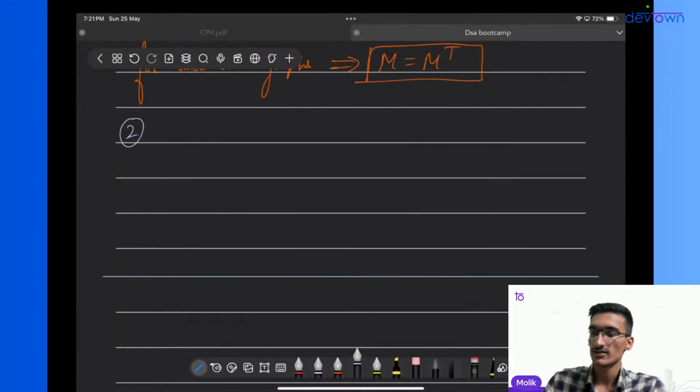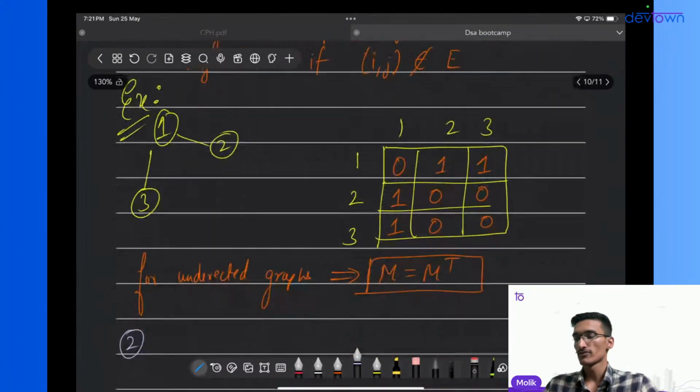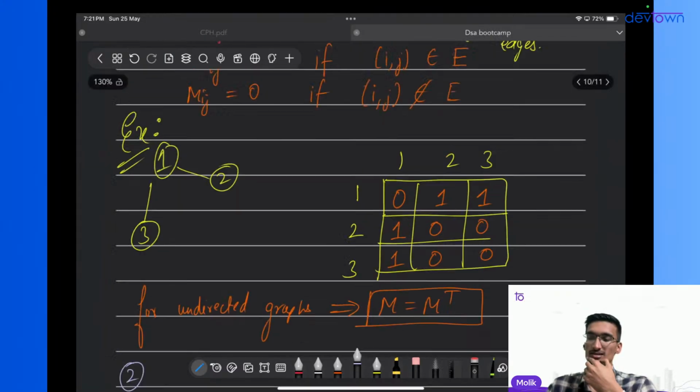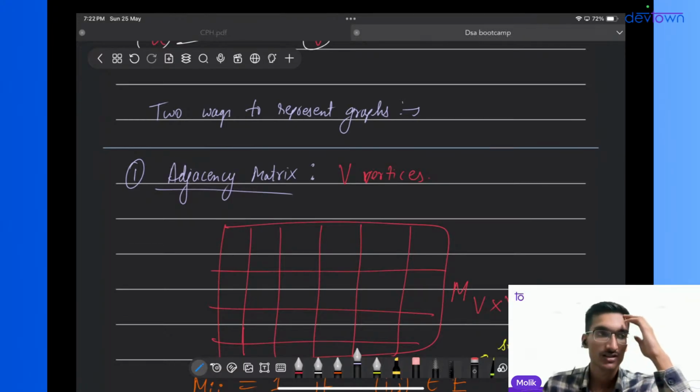Now the second way is, now think about it. What's the need of representing a graph in a different manner? Why were we not happy with the adjacency matrix? Why was there a need to introduce another way to represent graphs? Think about it.